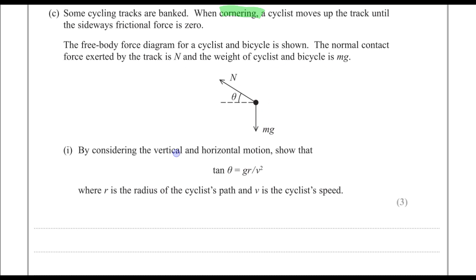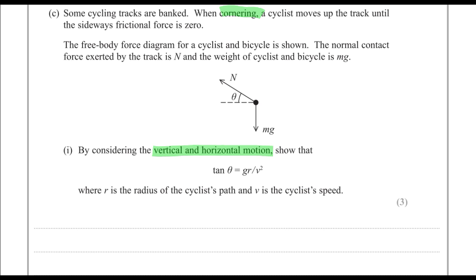We need to consider the vertical and the horizontal motion to show that tan theta is gr over v squared, where theta is the angle between the track and the horizontal. R is the radius of the path and v is the cyclist's speed.